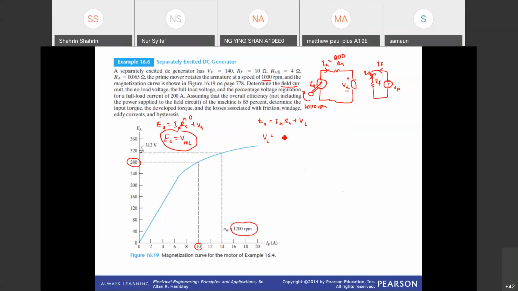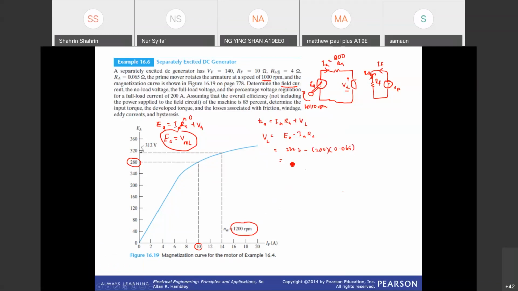This one should be EA minus IA RA. So your EA that you have obtained is 233.3 minus the current value, 200 during full load, times the RA given as 0.065.